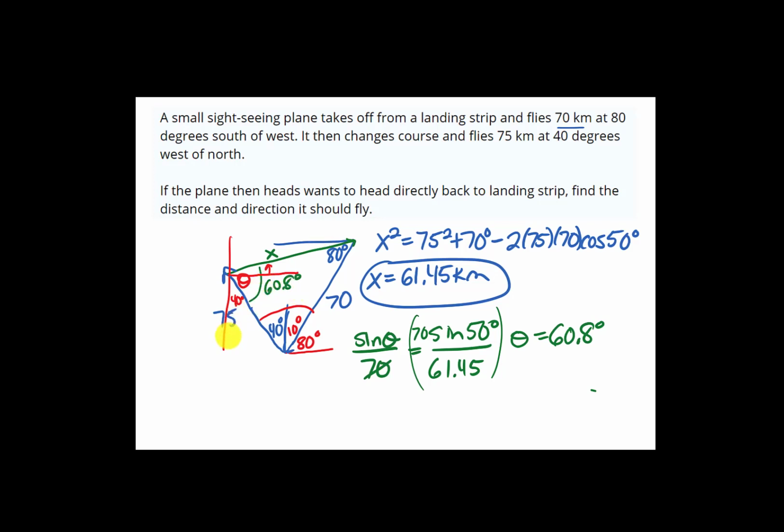Looking at these red lines, this is a 90, so this little piece of the 60.8 has got to be 50 degrees, because this 40 plus this has to add up to this right angle. And so for my little angle in here, that leaves 60.8 minus 50, which is 10.8 degrees. So the direction we'd need to head would be 10.8 degrees north of east.